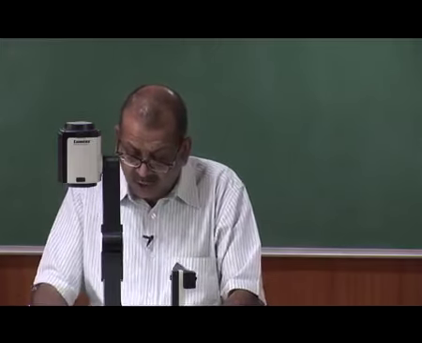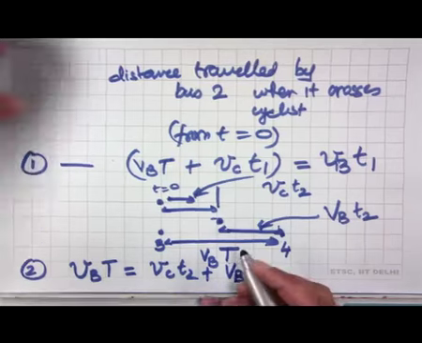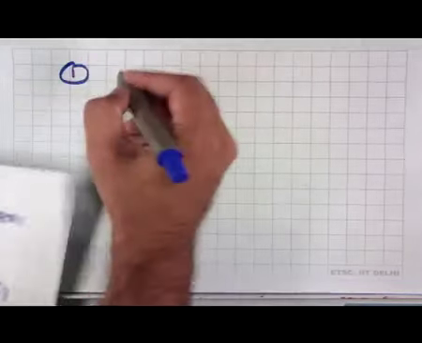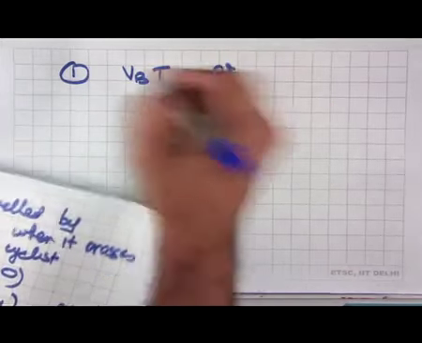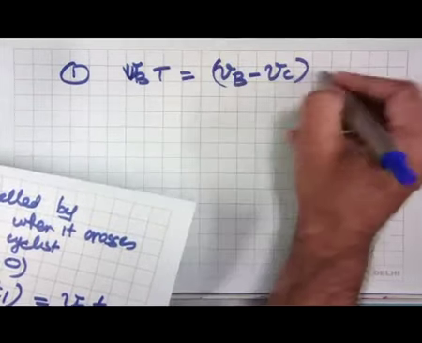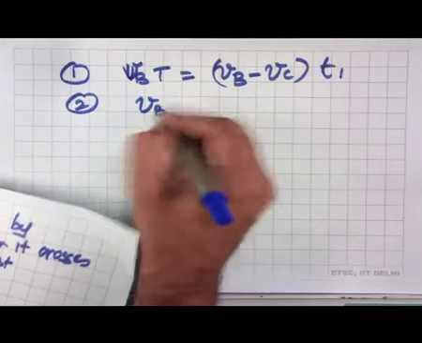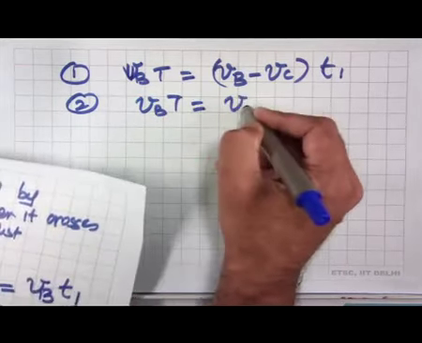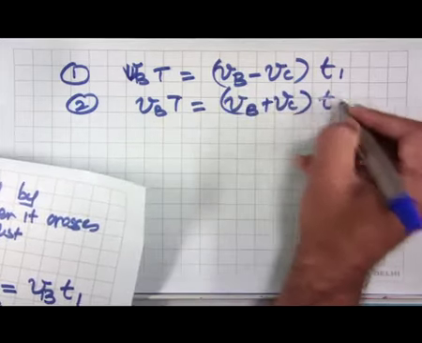So, this is one way of solving it. To solve this, equation number 1 gives us Vb times T equal to (Vb minus Vc) times t1, and equation number 2 gives us Vb times T equal to (Vb plus Vc) times t2.